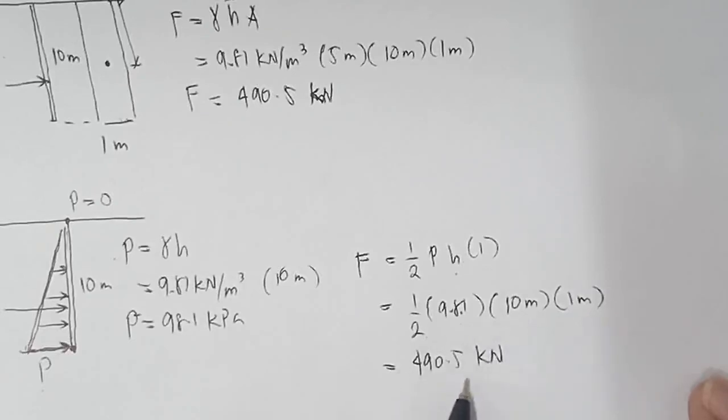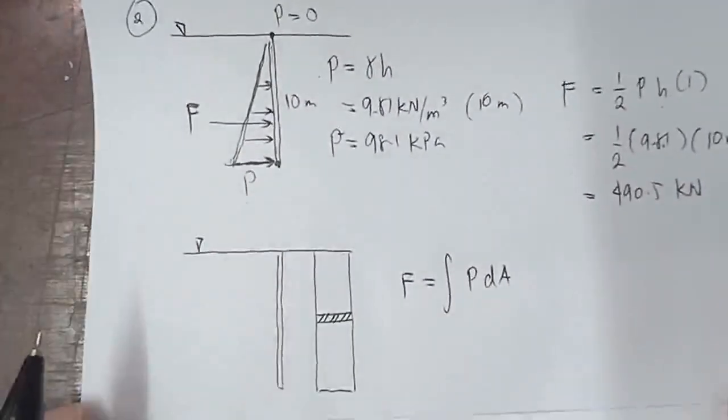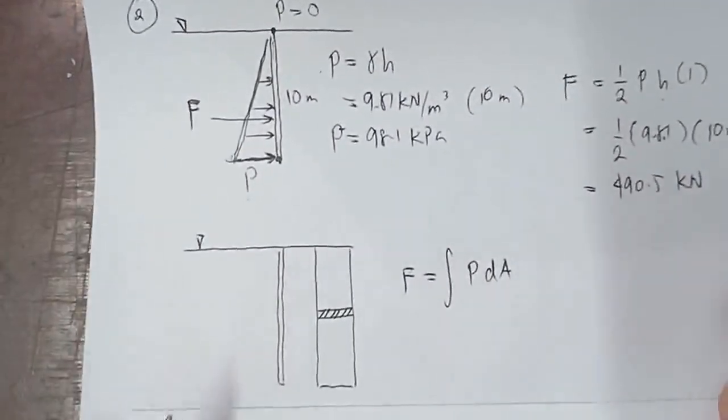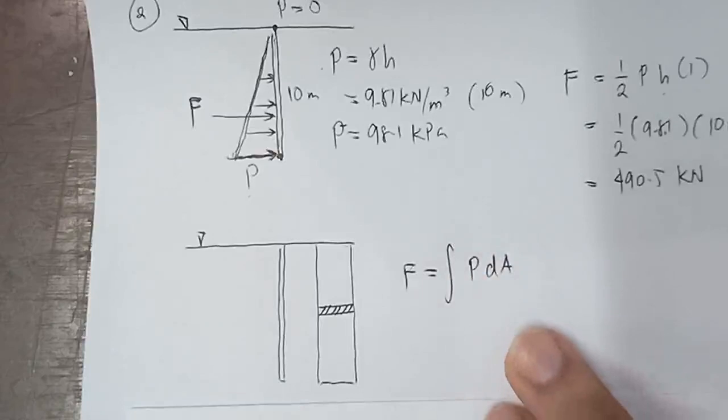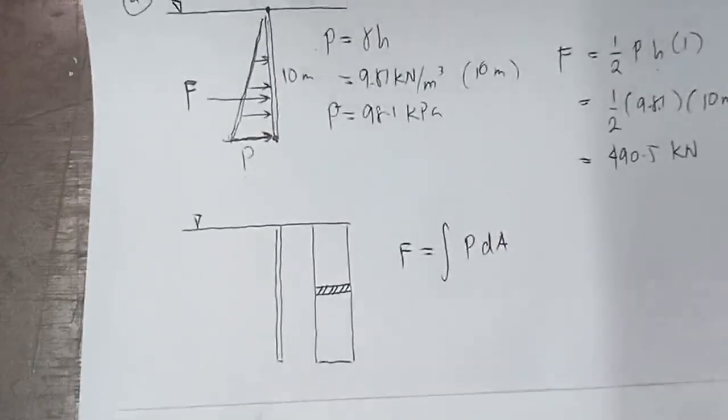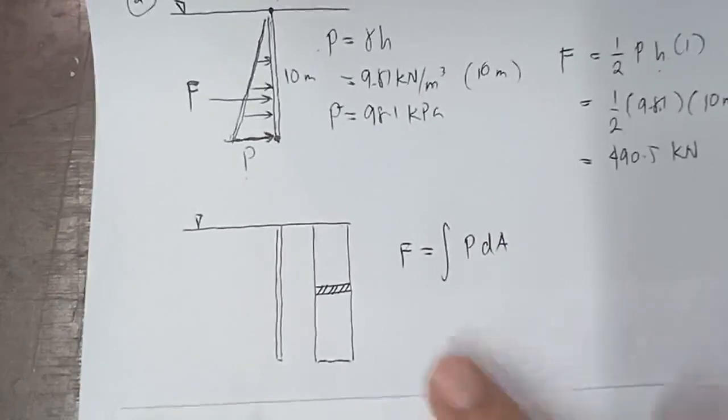So, syempre, 490.5 kilonewton yan. Then, we have also our third solution using calculus. So, using calculus, F equals the integral of pressure times differential area. So, pareho lang yan sa strength of materials. So, pressure times area equals to force.